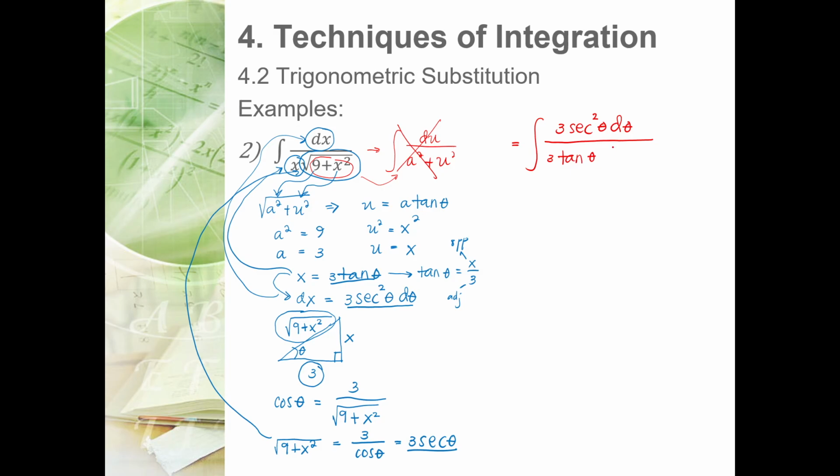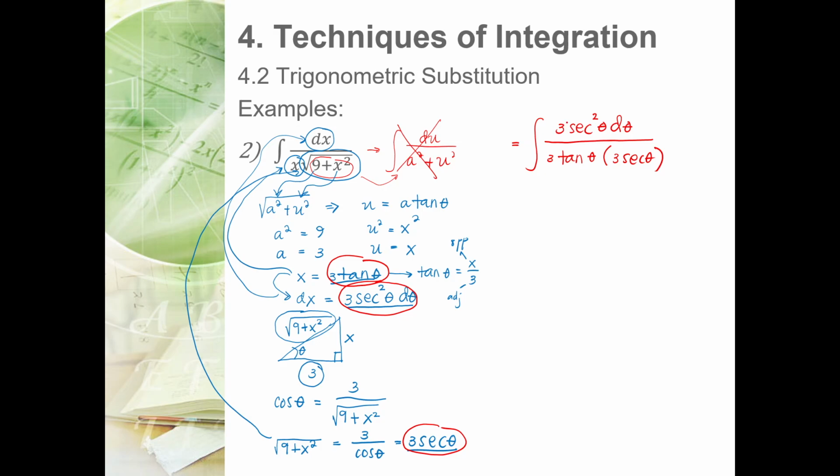Then the square root of 9 plus x squared is 3 secant theta. So dx is this one, the x parameter is this one, then the square root of 9 plus x squared is this one. I think we covered every substitution process. So how do we simplify this one now?